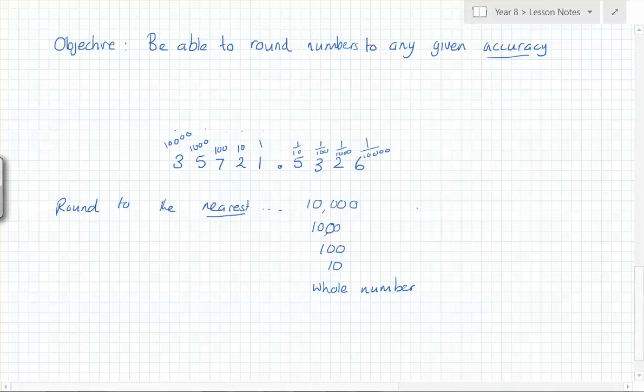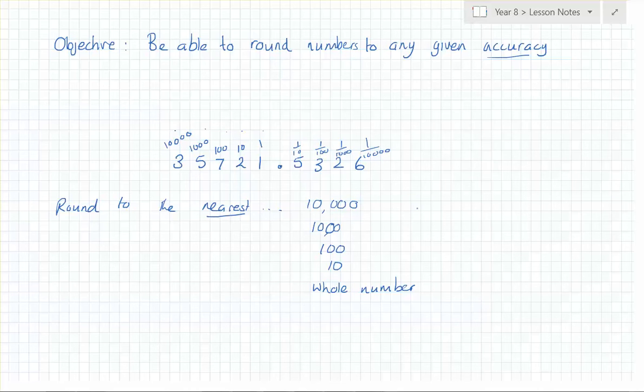I'm sure you do. 5 and up is round up, 4 and down. Yeah, so basically we say, how much do I need to assume I've got a full next one? If you've got half or more of the next lower level down, then you can have another one. Okay.